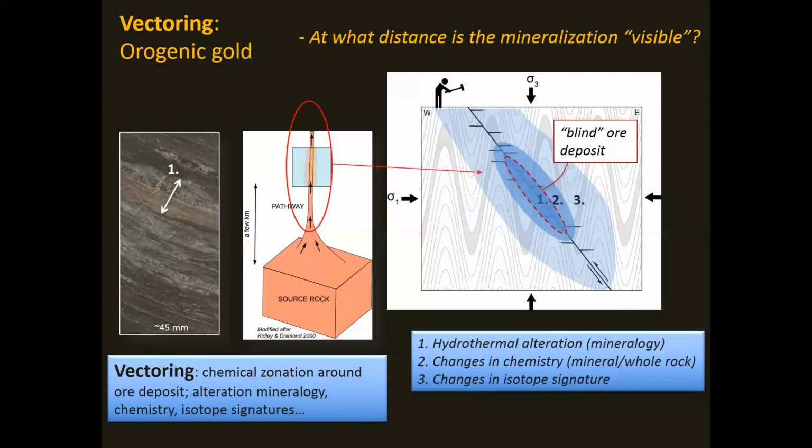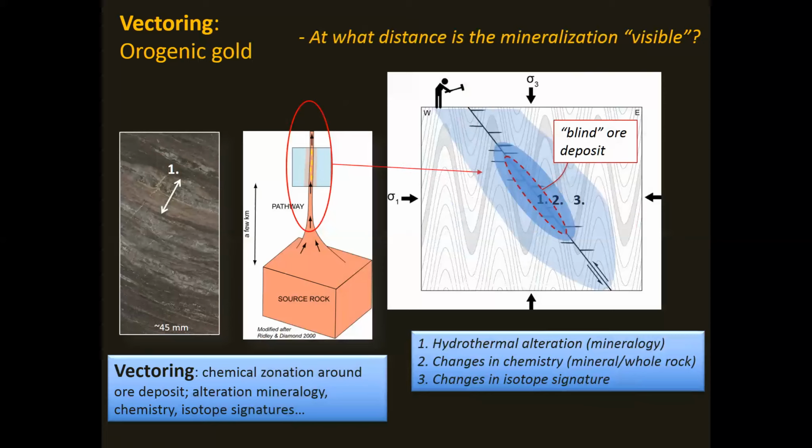The blind deposit means that it doesn't crop out at surface. We don't see it at the surface. So this little guy with a hammer doesn't see the mineralization down below here. But in the area, number one here, we have the hydrothermal alteration. We see the mineralogy, we see the arsenopyrite, we see gold, we see pyrite, but going a little bit broader.